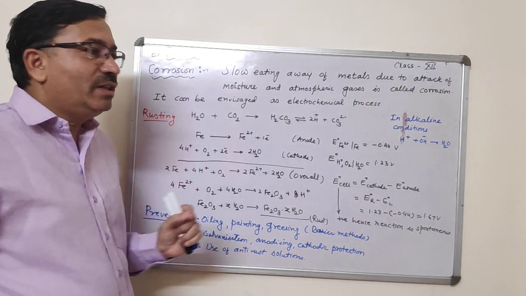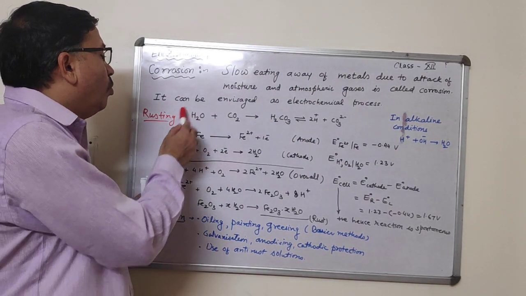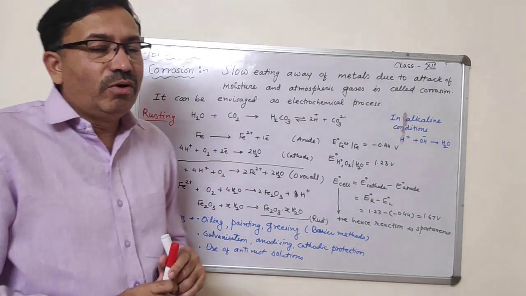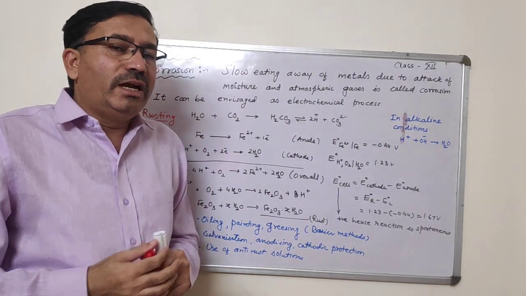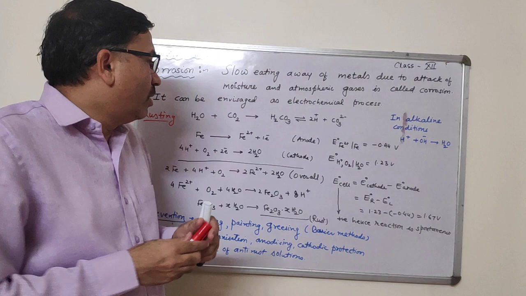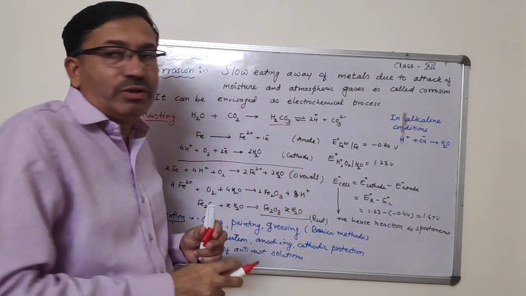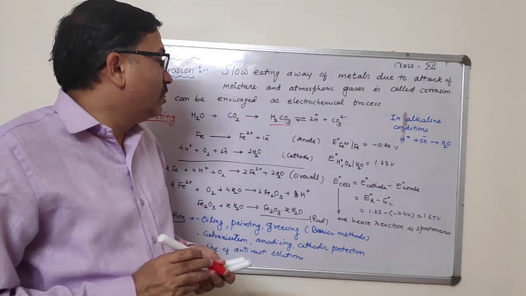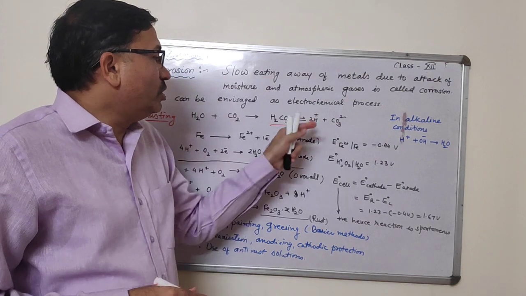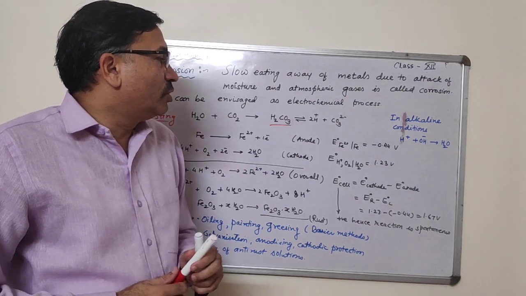How? Whenever corrosion or rusting occurs, and I have taken the example of rusting of iron, it begins with the reaction of moisture with carbon dioxide. You all know moisture is present in the atmosphere. When it reacts with carbon dioxide, it forms H2CO3, a weak acid, which dissociates to give H plus and CO3 2 minus.